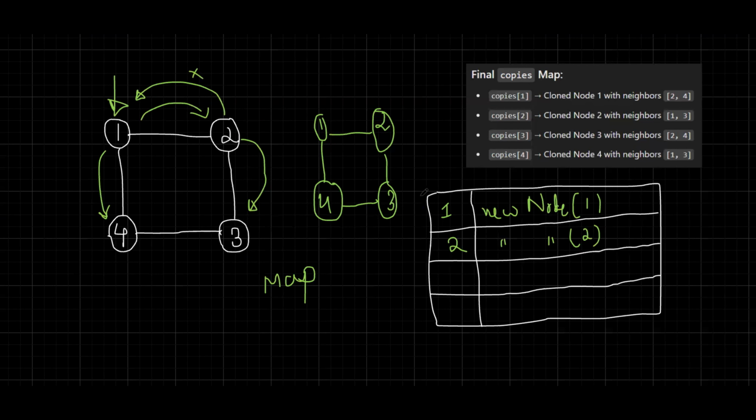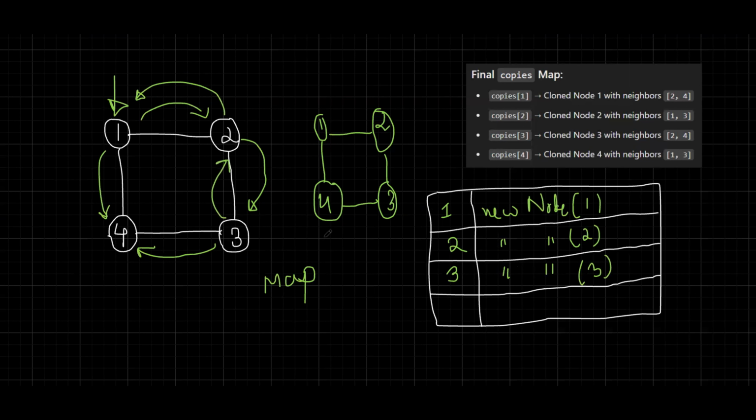After that, we have to go to node 3 and make an entry of node 3 into the map. Now, from this node 3, we can go to node 4 and node 2. But node 2 is present here, so we have to return.